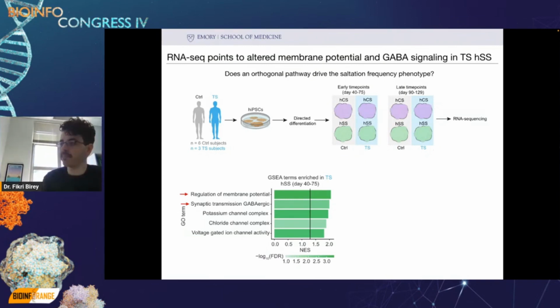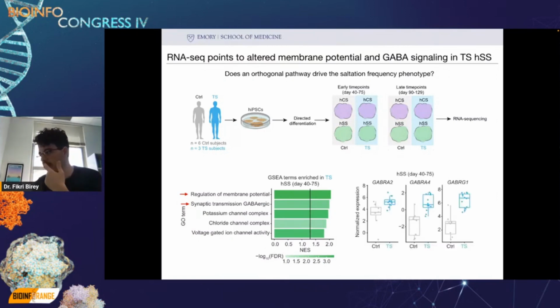In this stage, where we're doing a lot of our migration assays, we saw the top two terms that were upregulated in Timothy syndrome hSS were the regulation of membrane potential and synaptic transmission, GABAergic synaptic transmission. And here I'm going to pull up some of the subunits that are upregulated in TS that are contributing to this term.